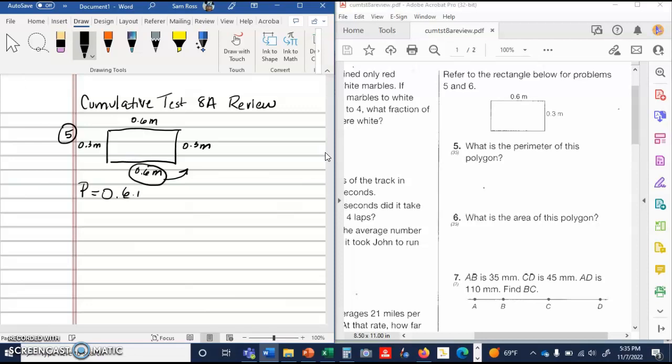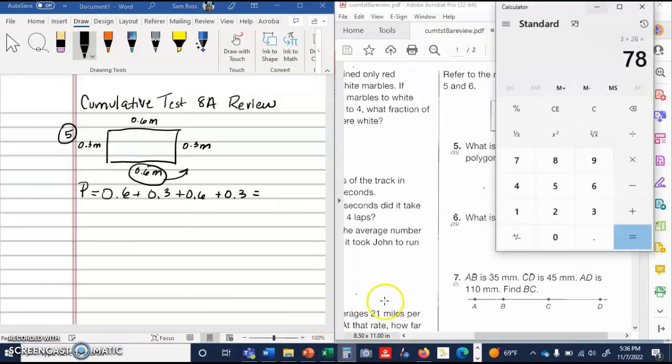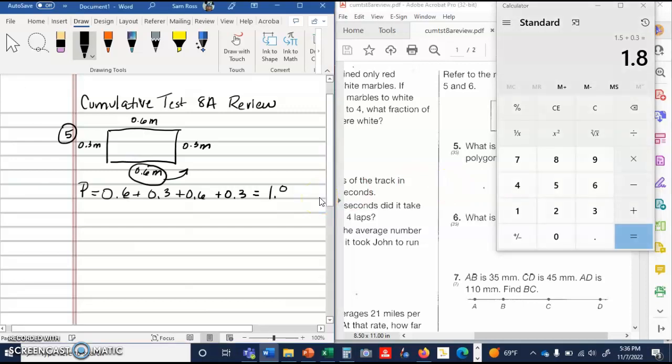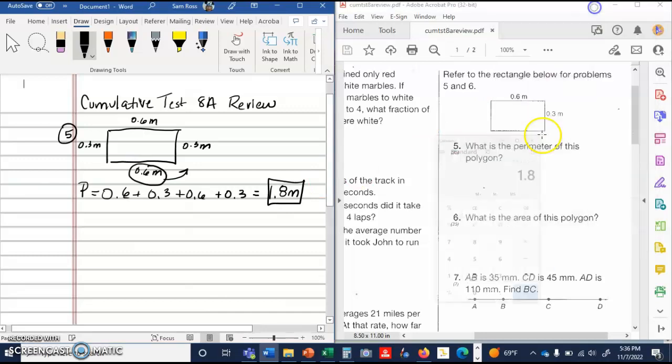So 0.6 plus 0.3 plus 0.6 plus 0.3 is equal to, let me get my handy dandy calculator, 0.6 plus 0.3 plus 0.6 plus 0.3, oh, wait, back up, is 1.8. So that's how you do 5.